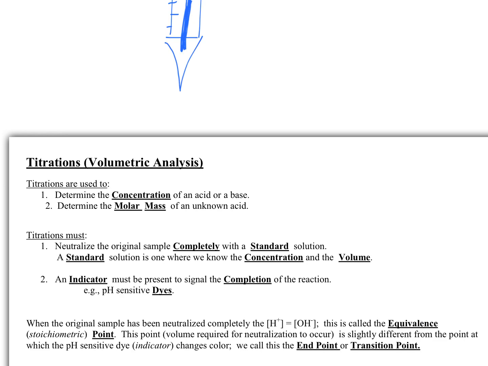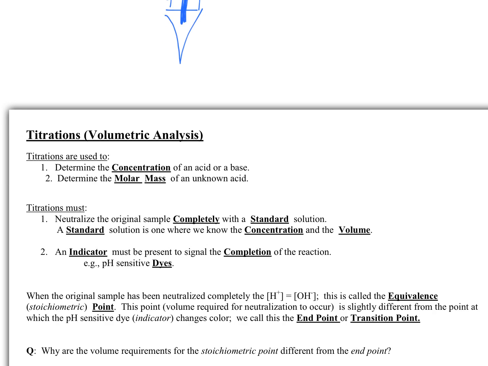This is called the equivalence point. At this point, our volume required for the neutralization to occur is slightly different from the point at which the pH-sensitive indicator changes. We call the indicator change color the transition point, where we call the stoichiometric point the equivalence point. These two have a very tiny difference between them, but it can be significant in some ways.